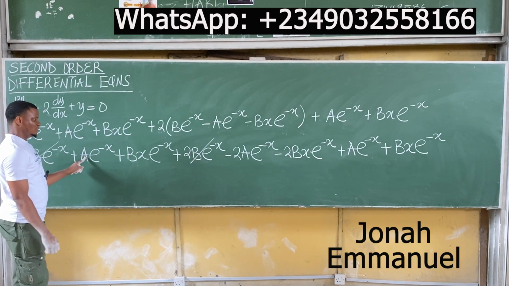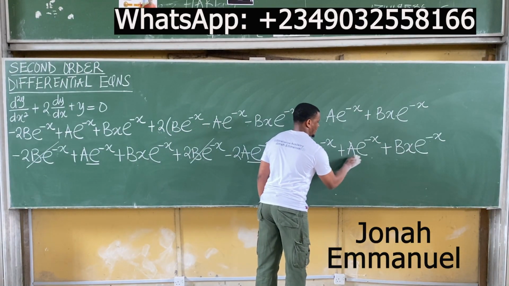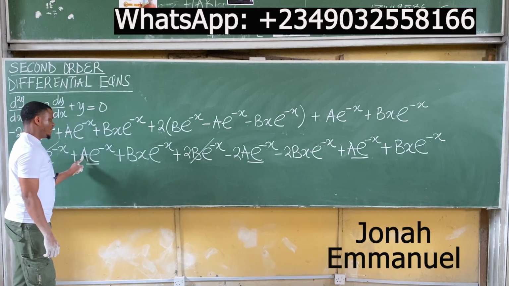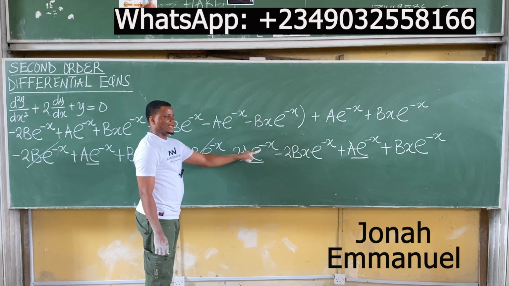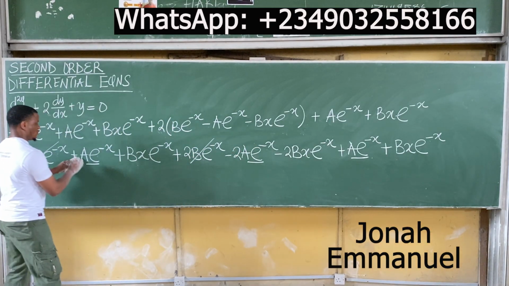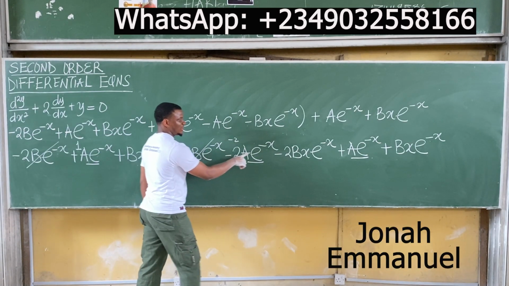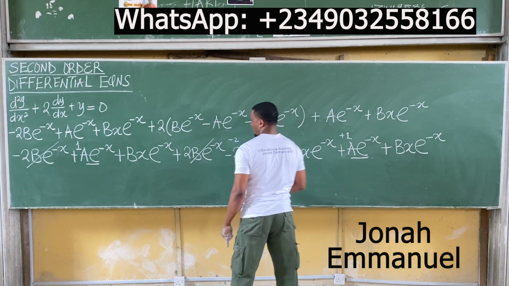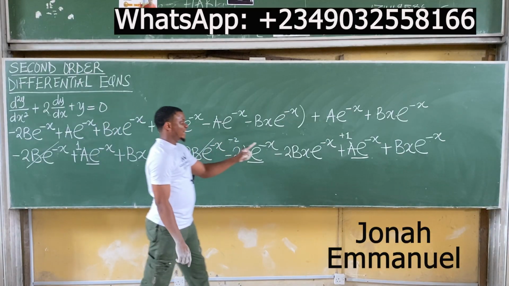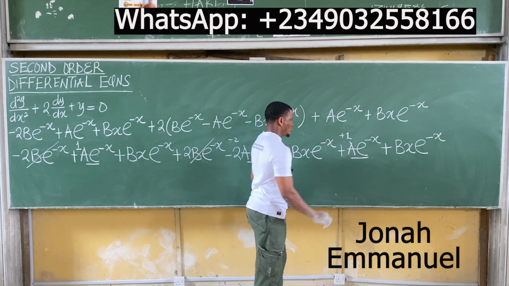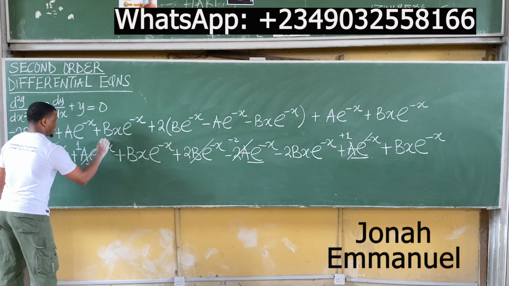This term occurs here, here and here. The coefficients are 1, minus 2 and plus 1. 1 minus 2 is minus 1, and minus 1 plus 1 gives you 0. It cancels out.